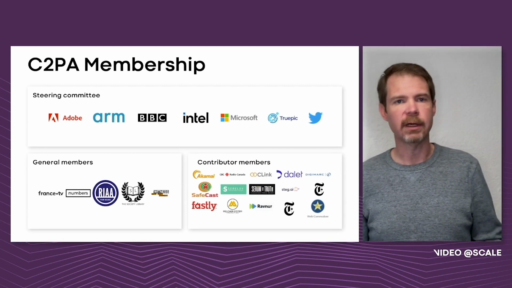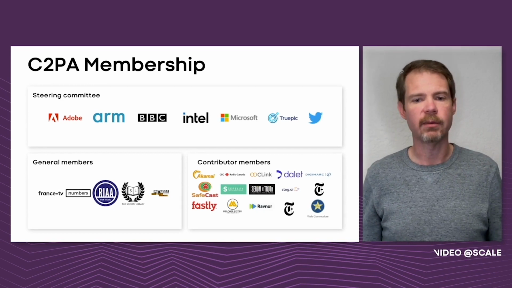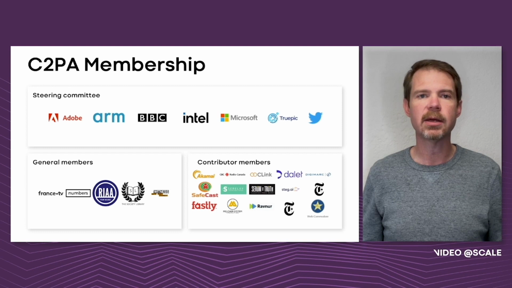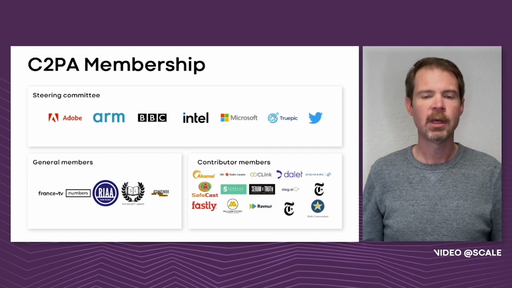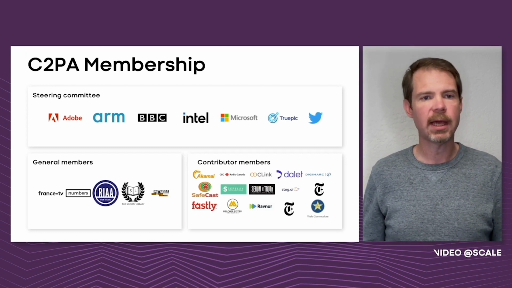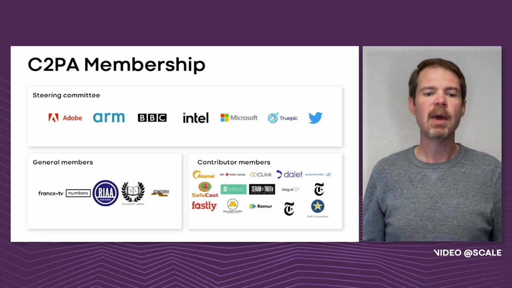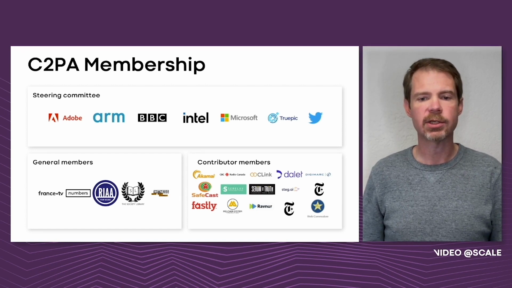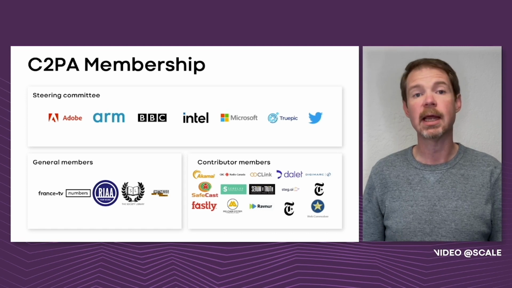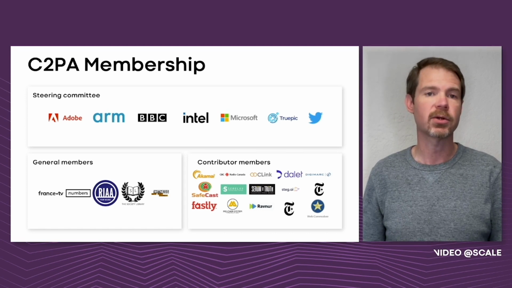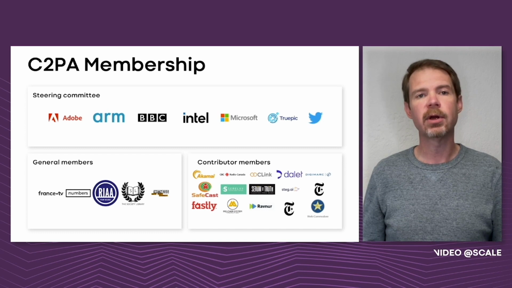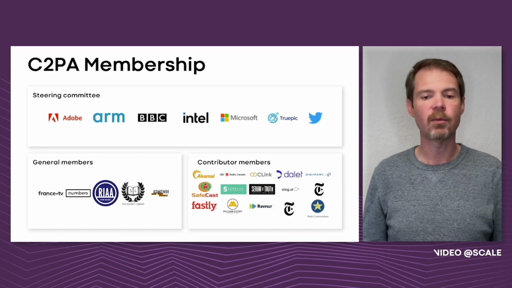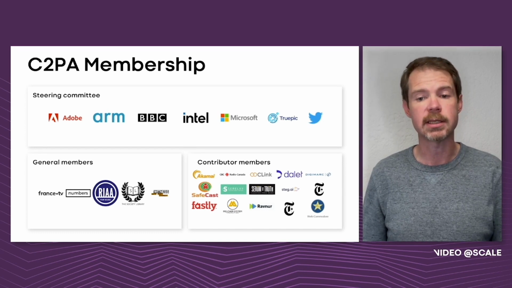Enabling media provenance is an ecosystem-wide problem, and it requires an ecosystem-wide solution. To enable that, C2PA is made up of a broad range of collaboration partners. Members include news media organizations, technology providers, cloud service providers, and social networks. Other notable members include Witness, a nonprofit focused on citizen journalism.